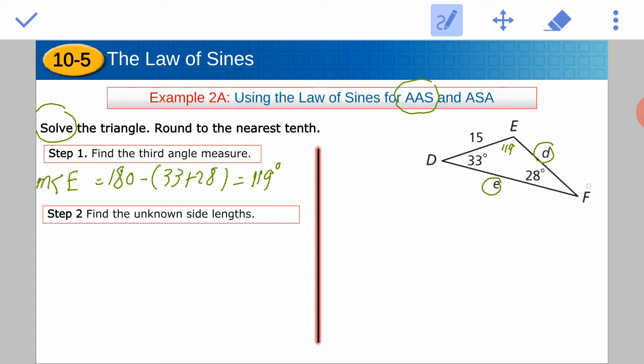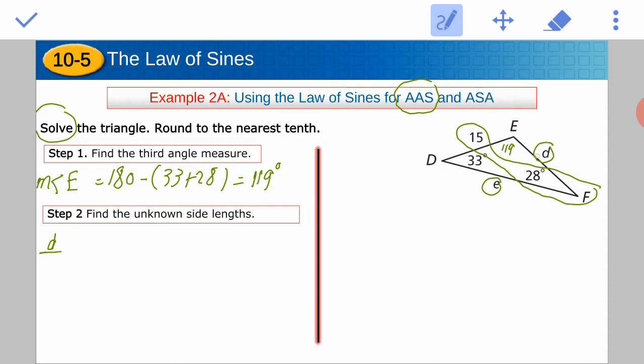But if you look at angle F and the opposite side, this is what I call the key ratio, because we know the measure of the angle and we know the length of the opposite side. So guys, always use this key ratio to find 1 unknown at a time. So if you want to find side D, notice, guys, I'm using the second type of the law of sines, the modified form. I started with the side length on the top in order to make the number of steps less than regular.